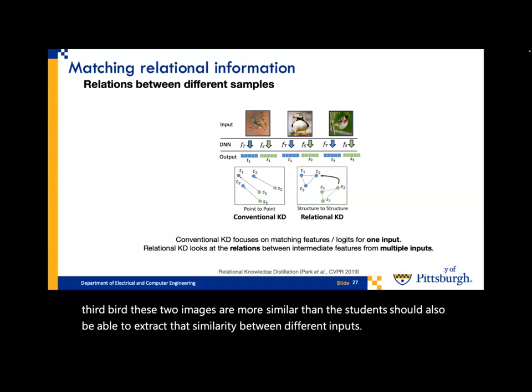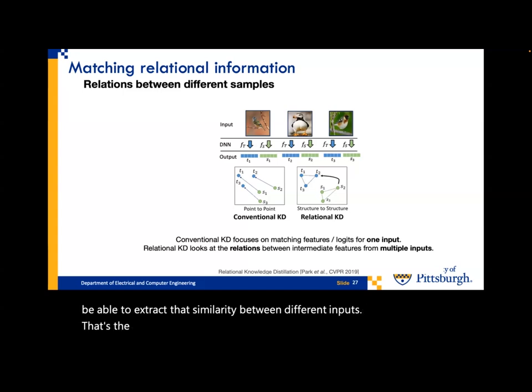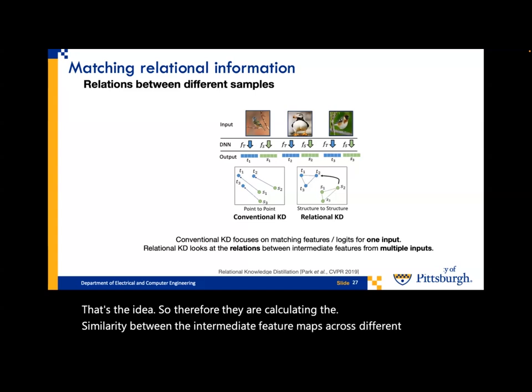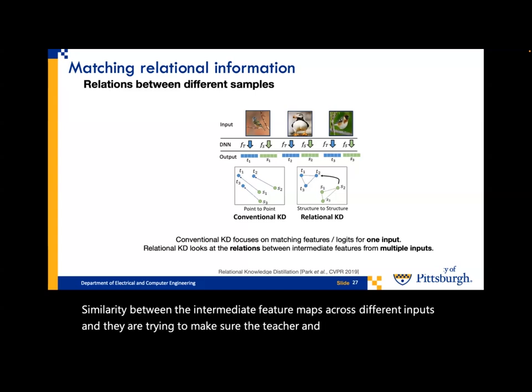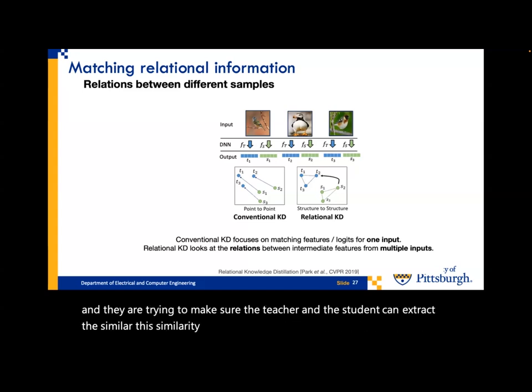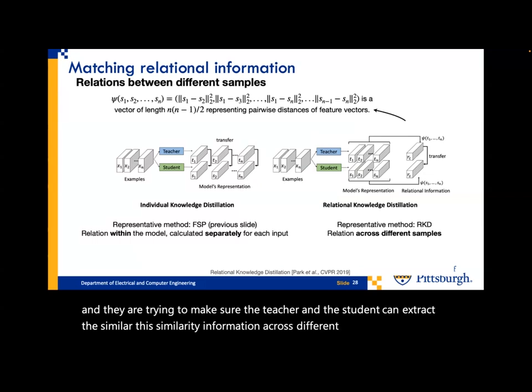That's the idea. So they calculate the similarity between the intermediate feature maps across different inputs, and make sure the teacher and the student can extract this similarity information across different inputs. Okay, so that's that.